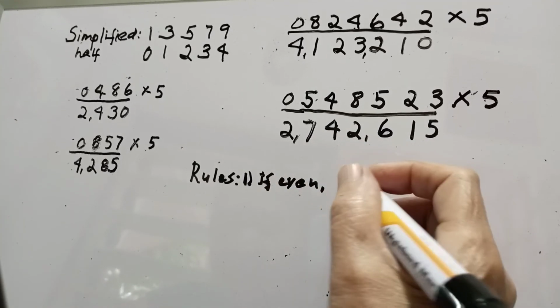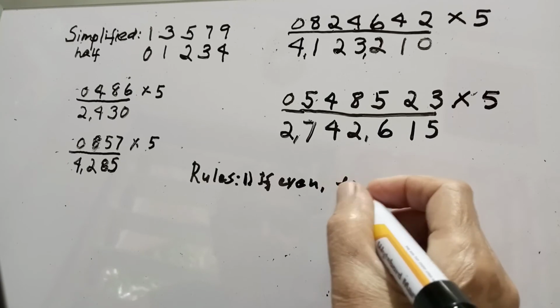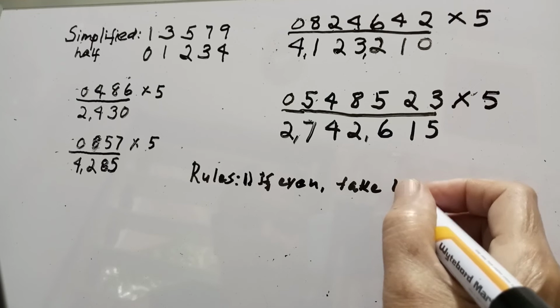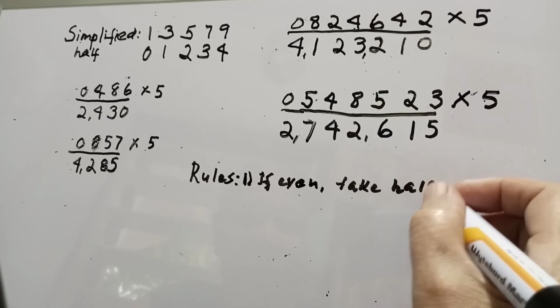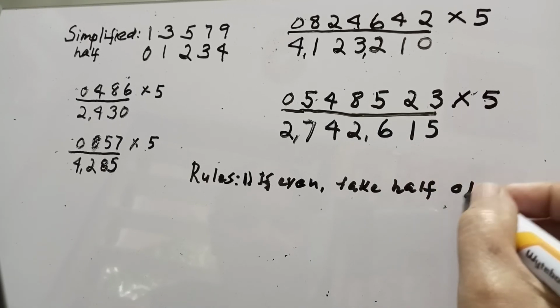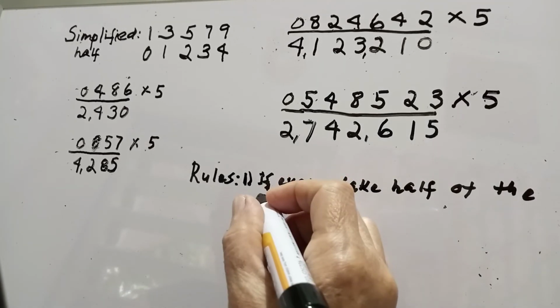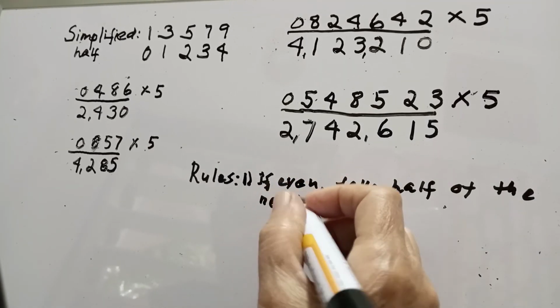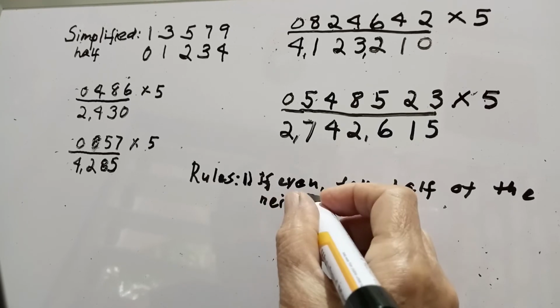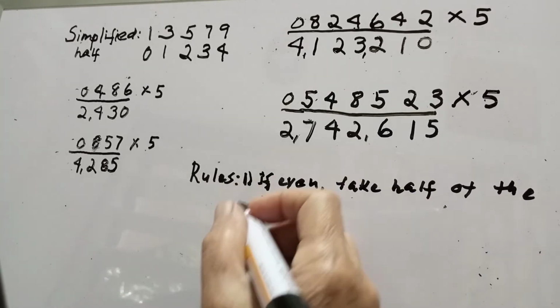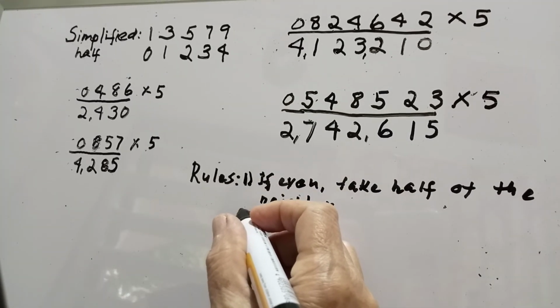If even, take half of the neighbor. Is that legible?